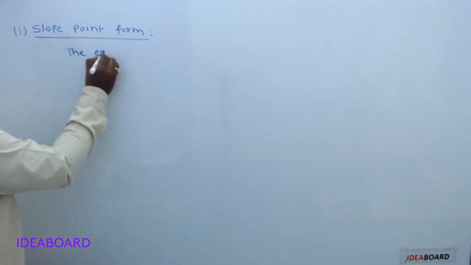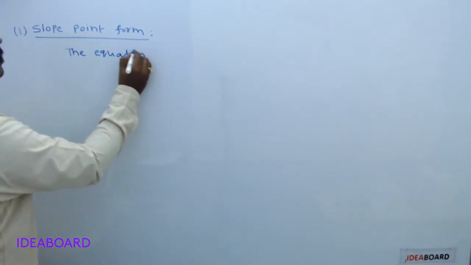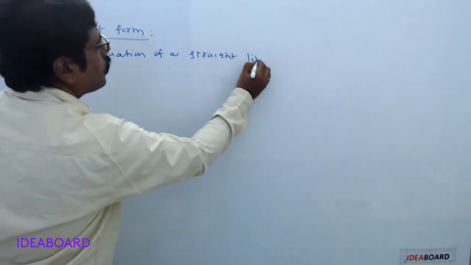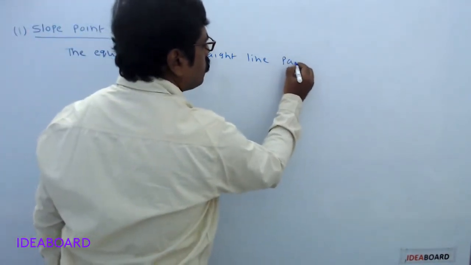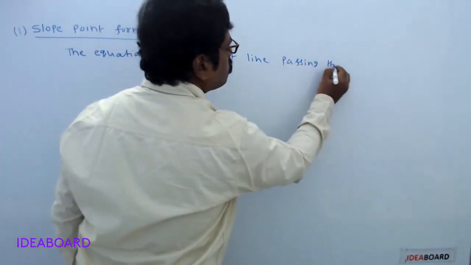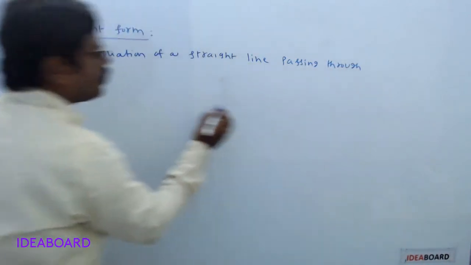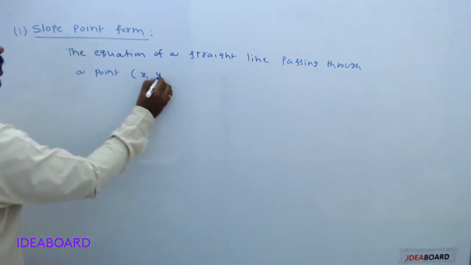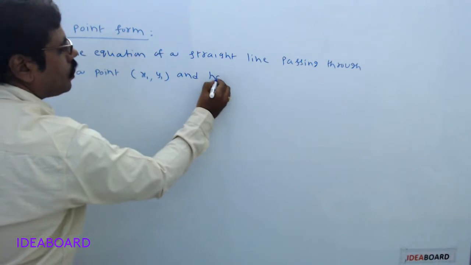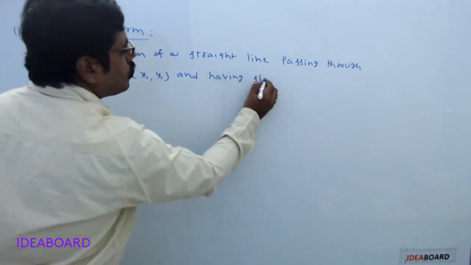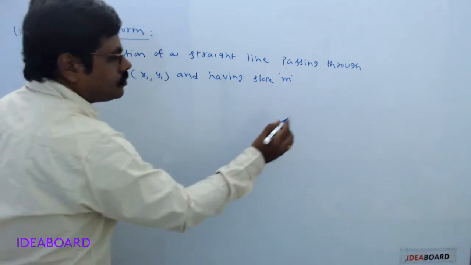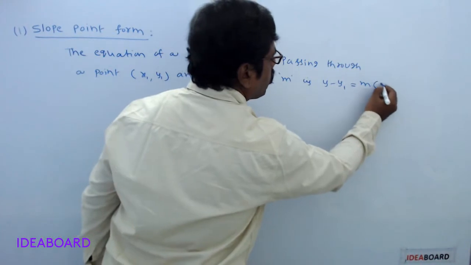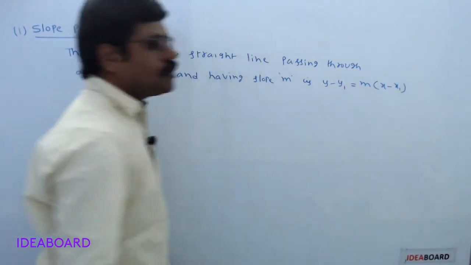The equation of a straight line passing through a point x1, y1 and having slope m is y minus y1 equals m into x minus x1.